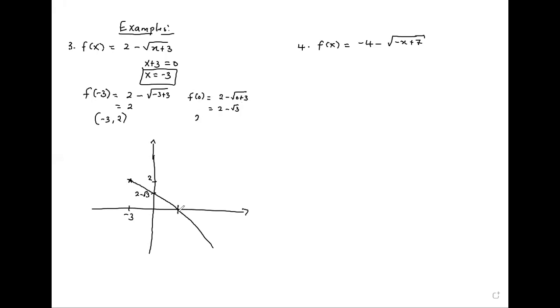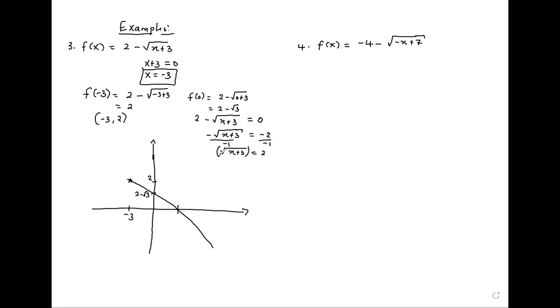We get 2 minus √(x plus 3) equated to 0. So we have √(x plus 3) is equal to 2. Wait, we have negative √(x plus 3) is equal to -2. This is possible because we have a negative outside. So when we divide by the negative outside, we will have √(x plus 3) is equal to +2.